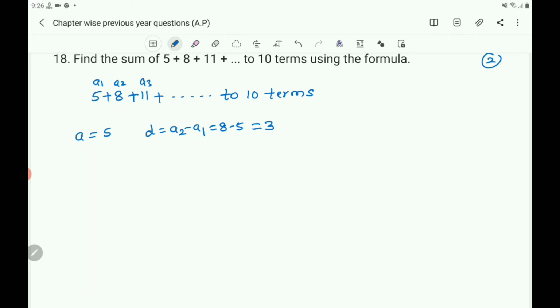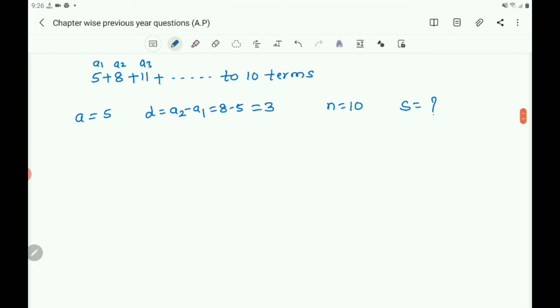Then here we have to find the sum of the first 10 terms. So you write n equals 10, and we have to find S, the sum of 5 plus 8 plus 11 to 10 terms.